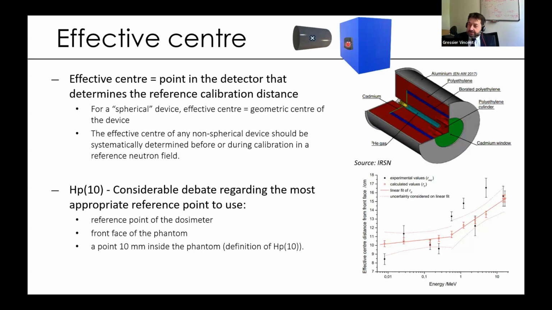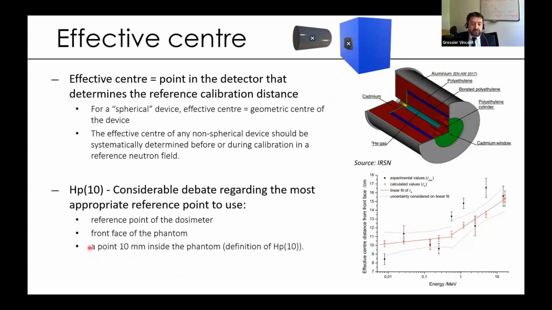It's a practical solution because when you change the angle of the phantom to determine the Hp(10), 60 degrees, 75 degrees, it will not change the position of the dosimeter. Everything is around there. But you can also consider that the reference point should be the front face of the phantom, so behind the dosimeter, because it's where the position of the body of the people is, because this phantom is representing the body of someone.